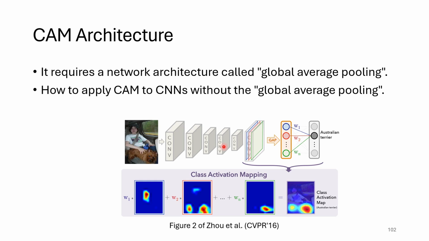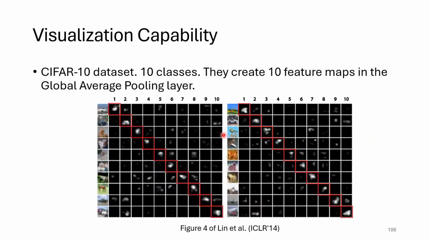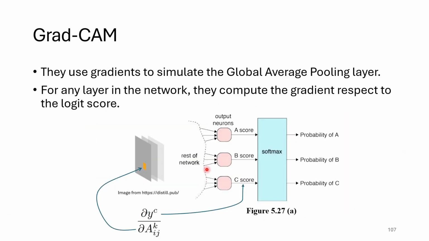Once they decide which layer they want to calculate the gradient for, what do they do? After training the network, all parameters are fixed. Then there will be some logits before the softmax layer. The softmax layer converts the logits, and you can see this in figure 5.27 in our textbook.